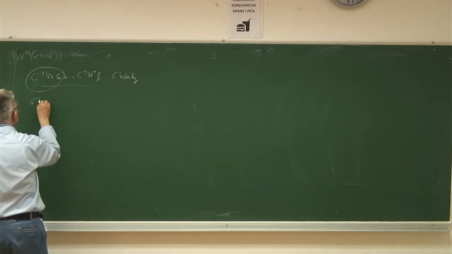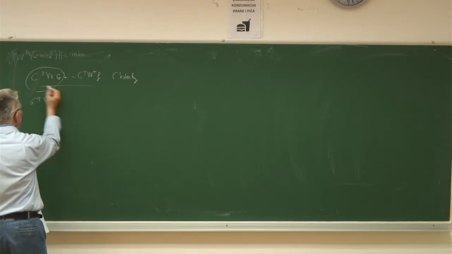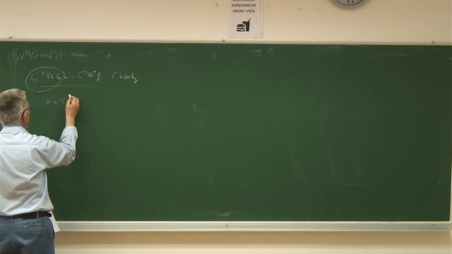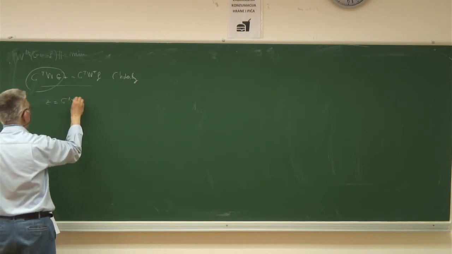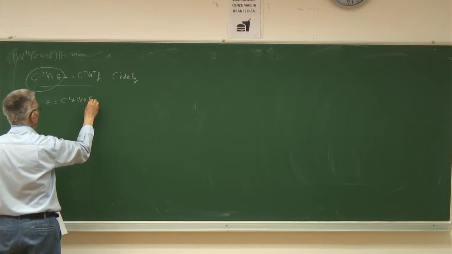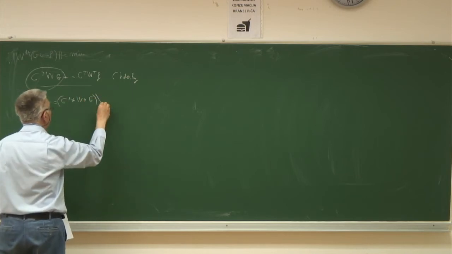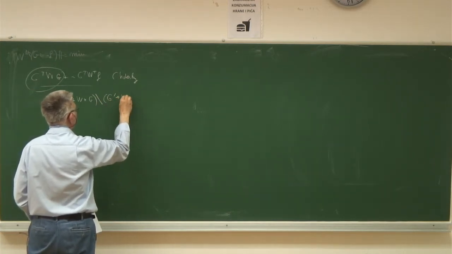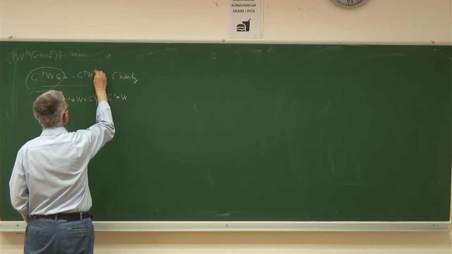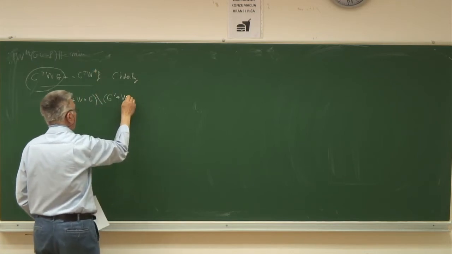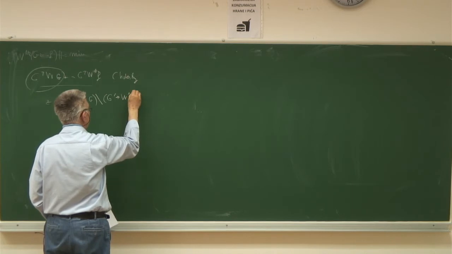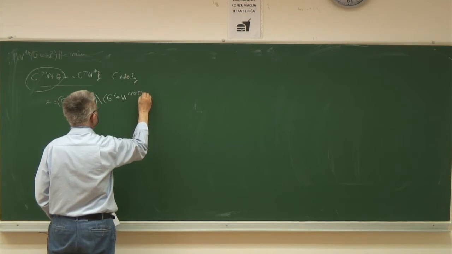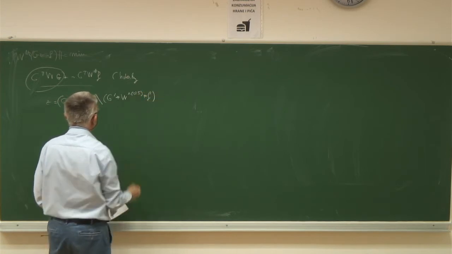That means z equals to G prime times W times G, in the MATLAB notation.